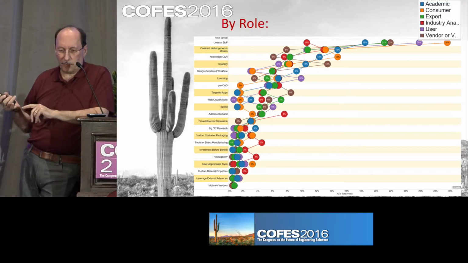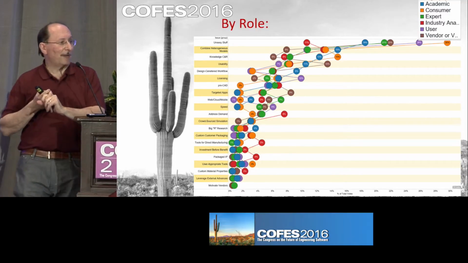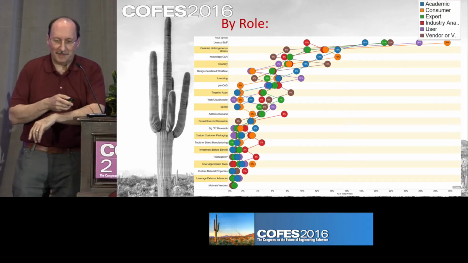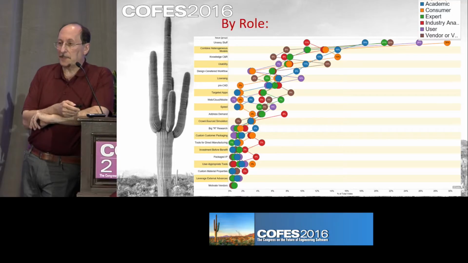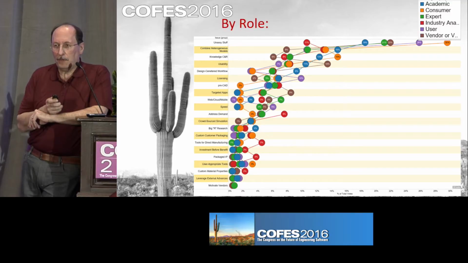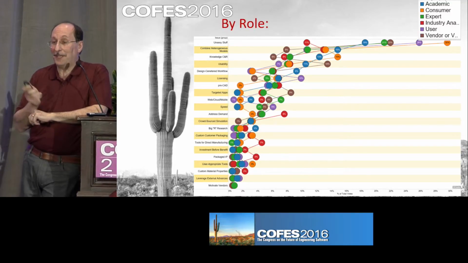So we have the roles here are vendors, users, people who actually have to use the technology, us, the industry analysts in the room, people who classify themselves as experts in the arena, academics, and this thing that I'm calling consumers. And consumers here are the people whose role it is to consume the output of the analyses.